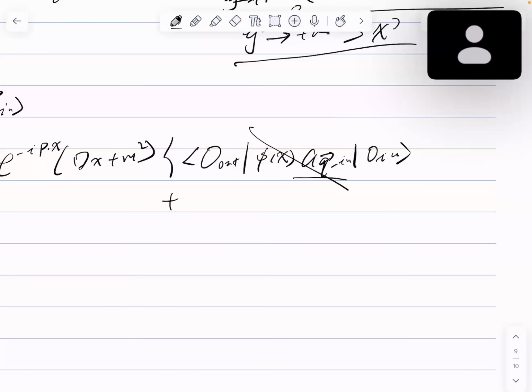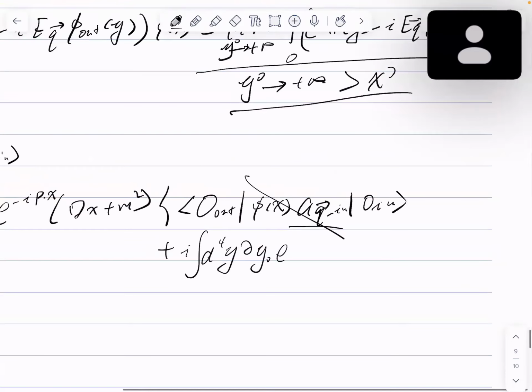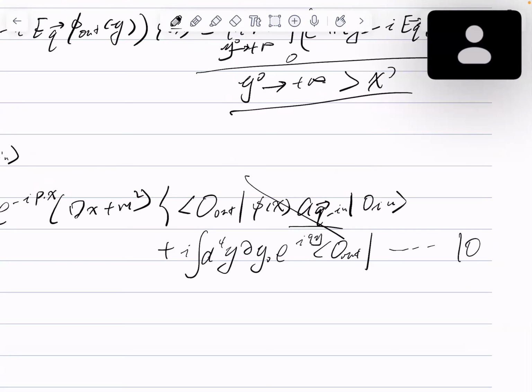And the second term is I d4y partial y0 iqy 0 out, and everything we have right before, 0 in T, with a T product.